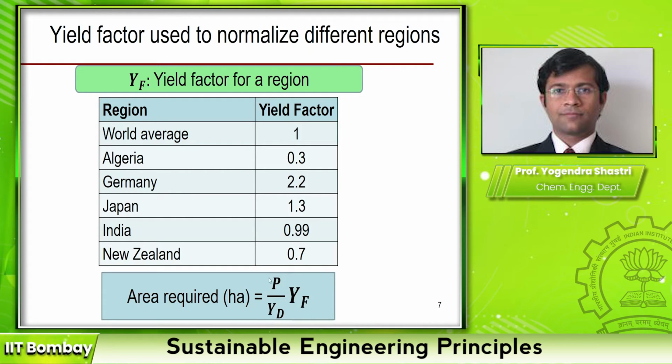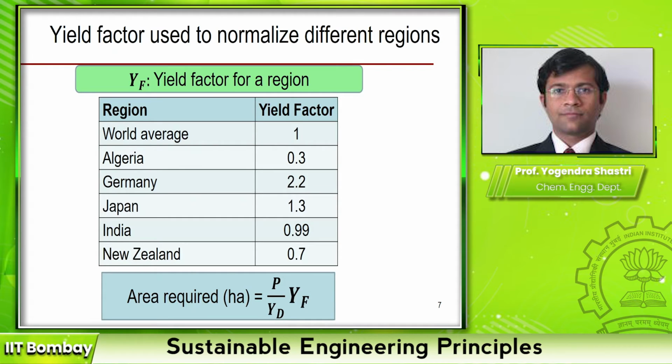So if I am doing this calculation for Algeria, then this gives me the area required in hectares in Algeria, and we multiply it by this yield factor, which normalizes the different regions in some ways. When I multiply this number by the yield factor, it captures the importance of different regions in terms of productivity.